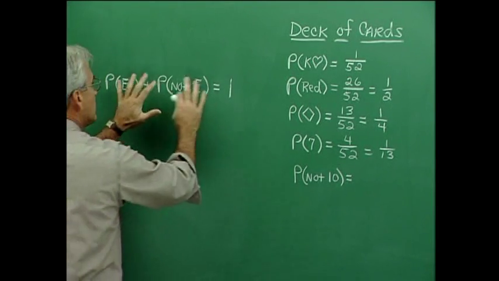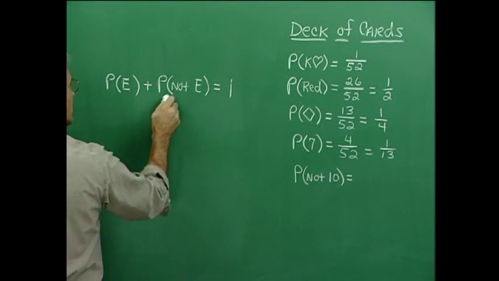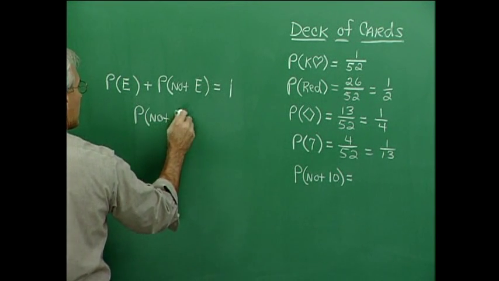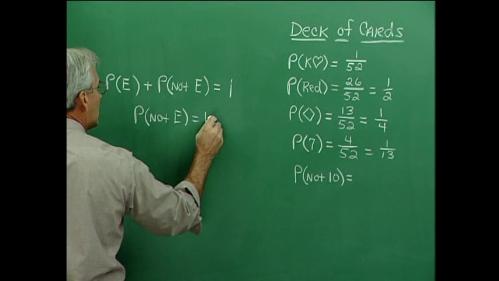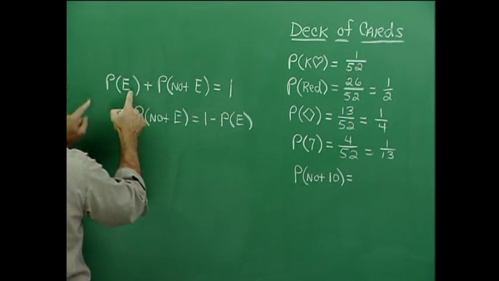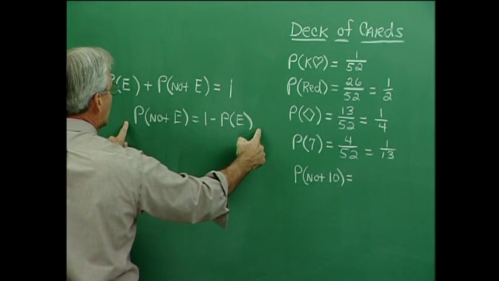You see, now let's use a little algebra on this. The probability then of not E is equal to 1 minus the probability of E. Now all I'm doing here is subtracting this on both sides, so I get this.